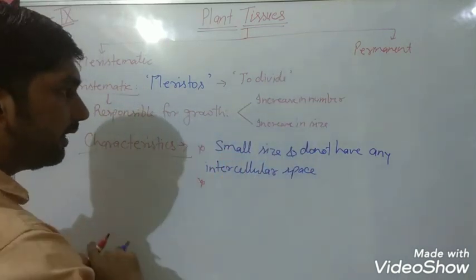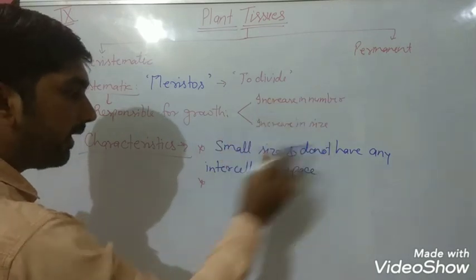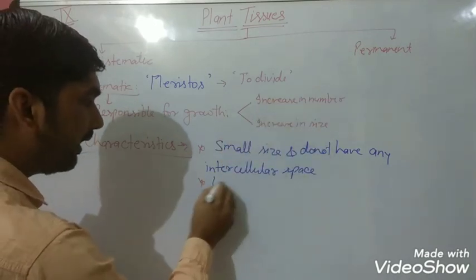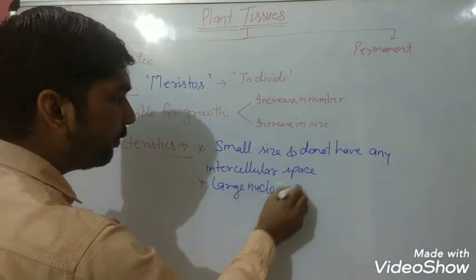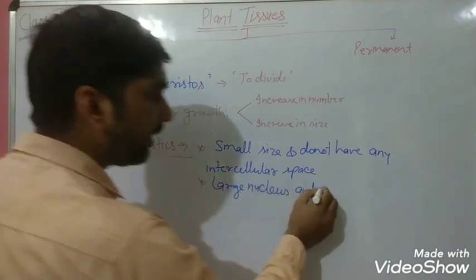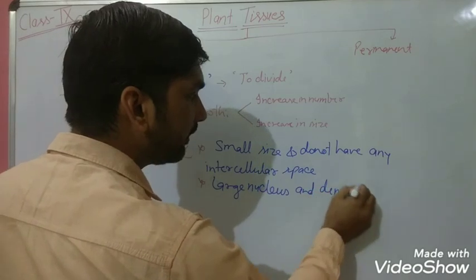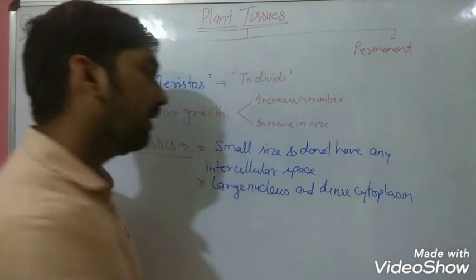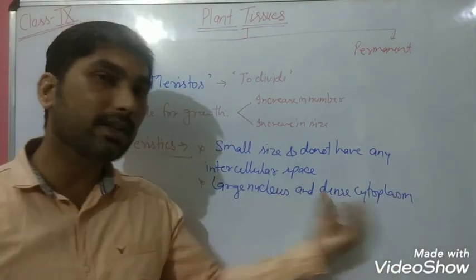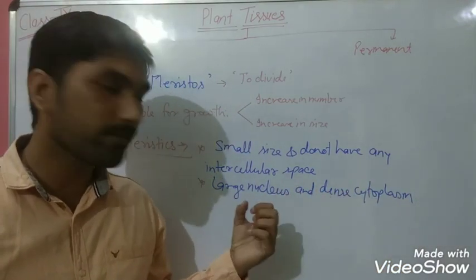The second one is what? Since they are going to divide, they contain a large nucleus and dense cytoplasm. So what is the need of dense cytoplasm and large nucleus?